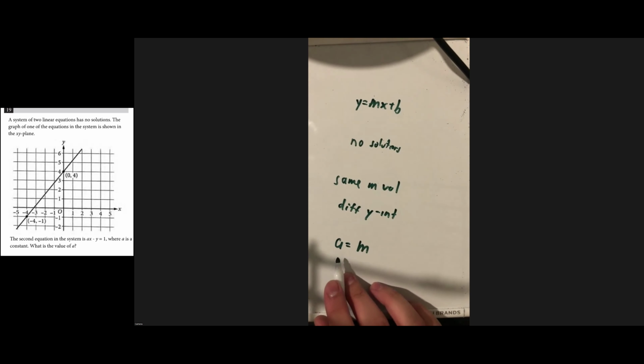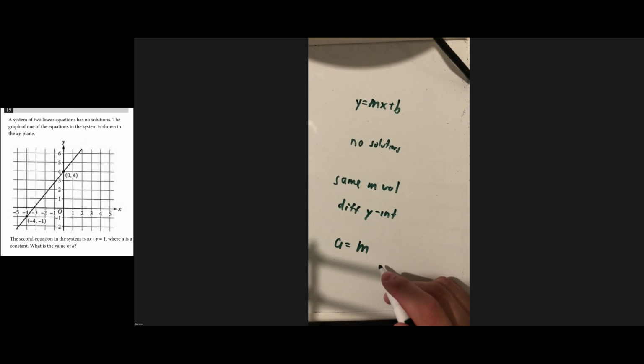So a is that. And we have the y value of negative 1, because when you swap the signs on the y value, the other side becomes negative. So the y-intercept becomes negative 1. And so all we have to do is find the slope of the graph of the equation which we are given. And this one should have the exact same slope. So we have the point -4, -1, and we have the point 0, 4.